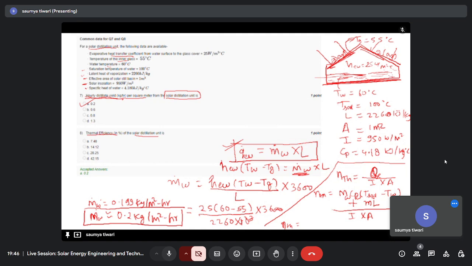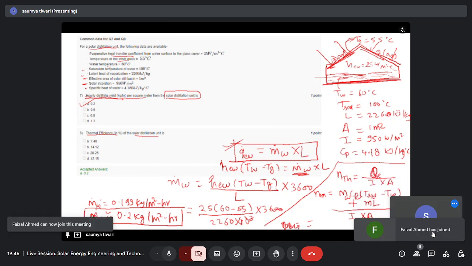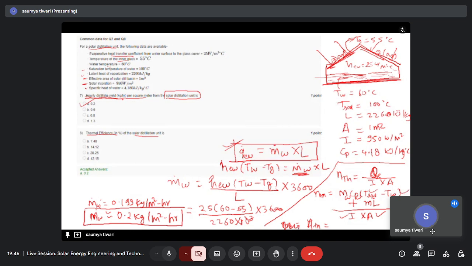So it will be 5.5, this value that we have calculated, right? So basically you'll put all the values, and when you solve this, you know the I value, you know the A value, you know the temperature of water that was at 60 degrees Celsius. So this will be 60, this will be 100, this will be 2260, right?